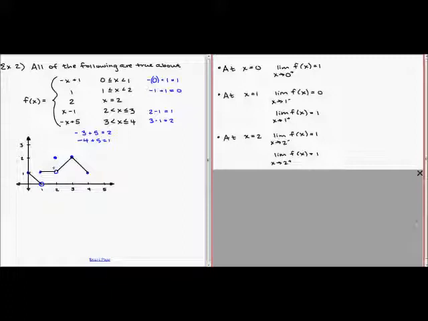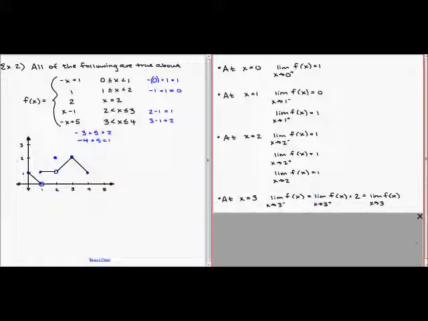So the limit does not necessarily need to be equal to the value of the function at that point on the graph. Right, so right here, because the right and left-hand limits are equal, the limit as x tends to 2 of f of x is equal to 1.